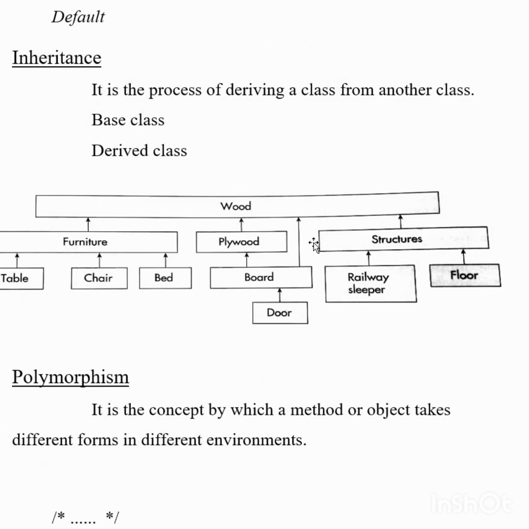Our next topic is inheritance. Inheritance is the process of deriving variables and methods from an already defined class. So consider two classes, A and B. A contains variables and methods.